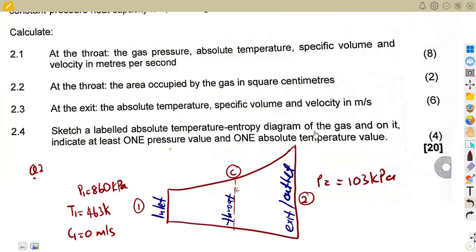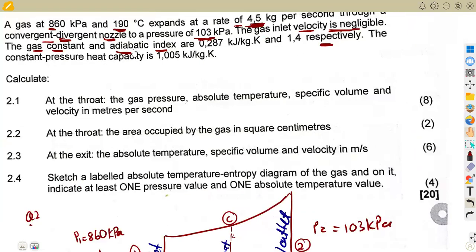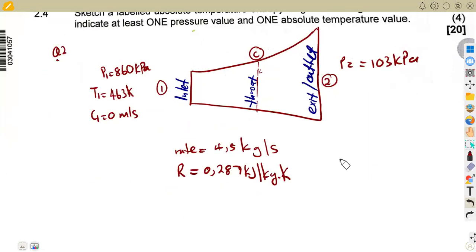What else do we have? The adiabatic index. Remember, the adiabatic index is gamma. This is the value of gamma, which is 1.4. That's our adiabatic index.